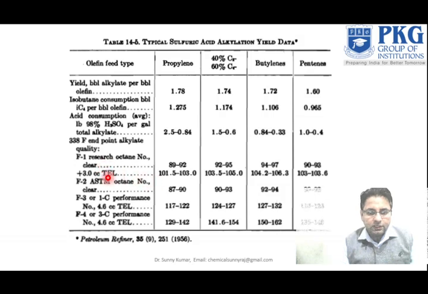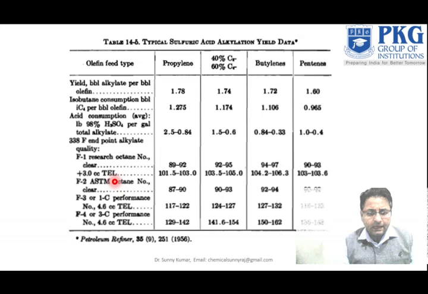You will see the octane number you get is 80 to 92 for propylene, and 92 to 95 for the 40%/60% cases. For butylene it is 94 to 97, and for pentene it is 90 to 93. So the maximum octane number you get is in the case of butylene.